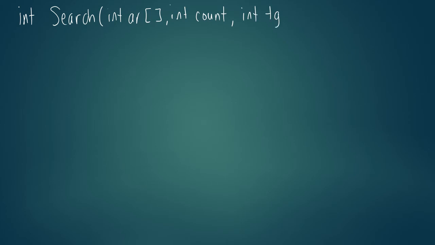I have in my main function here, my search, this is my prototype for my search function. My search function takes an integer array. It takes an integer count, and it takes an integer target. This is the prototype, and this is my main function.